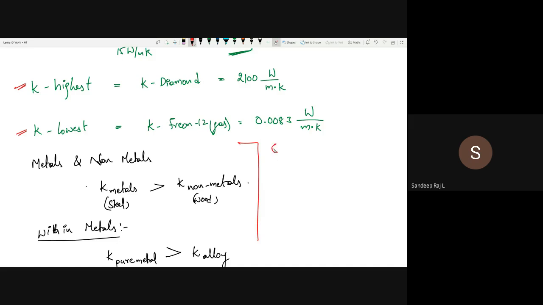The exception for the highest thermal conductivity is, if the temperature is greater than 100 Kelvin, then diamond is the highest. If the temperature is less than 100 Kelvin, then copper is highest.